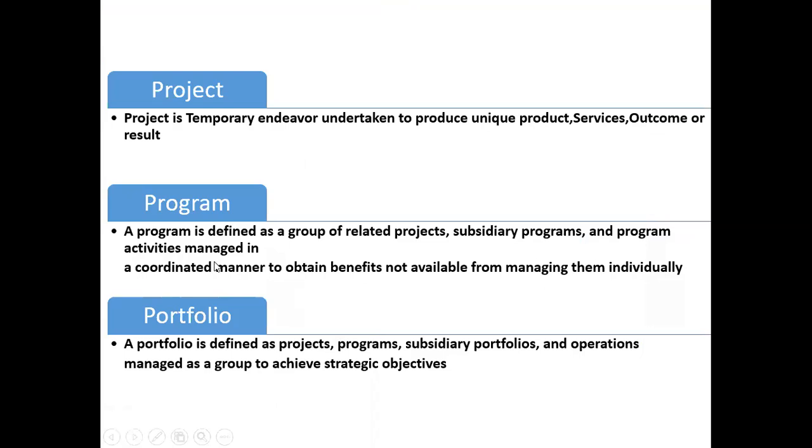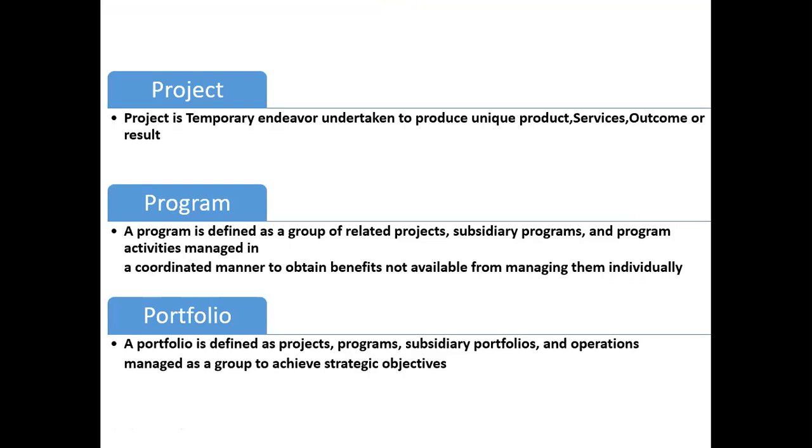In a company having multiple projects, if you combine those projects that are relevant to each other with respect to their scope of work, their resources, and their output, then you will make one group. That group will be called a program. In a program you have multiple related projects and subsidiary programs.